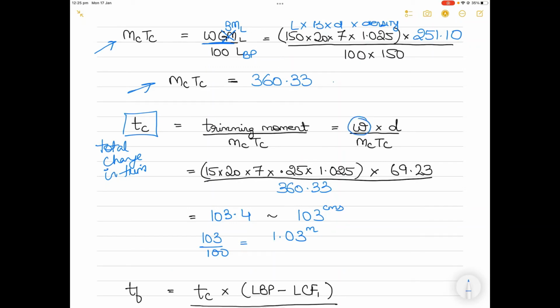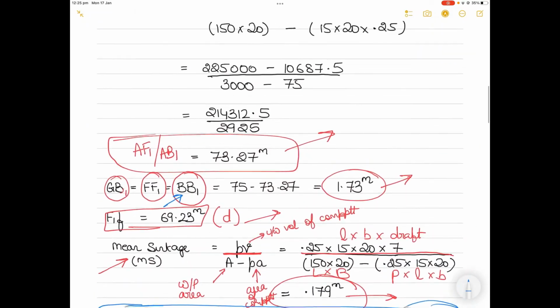What is trimming moment? Trimming moment is the weight of the water which has been flowing in and out multiplied by the distance, which creates the moment. I will show you what it is, divided by MCTC. The weight of the water which has been flowing in and out is the total length of the compartment by breadth of the compartment by draft of the compartment multiplied by permeability and density of the water in which it is floating, multiplied by D. D is the same distance as F1F.